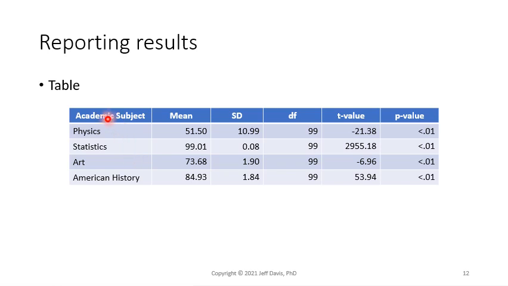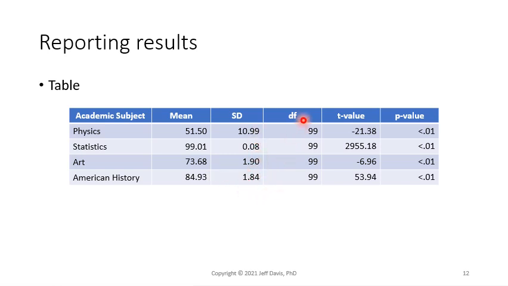Since I was looking at academic subjects, I have a column representing academic subjects: physics, statistics, art, American history. Then I report the mean and standard deviation for each of those variables in my data. The mean of 51.5 for physics with a standard deviation of 10.99, statistics 99.01 as a mean and 0.08 as the standard deviation, and so on and so forth.